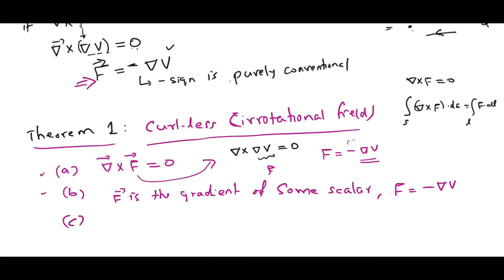This will be f dot dl, that is equal to 0 because del cross f is already 0. Which means if I have a line integral from A to B, f dot dl, this is path independent. F dot dl being 0 means this line integral is path independent.